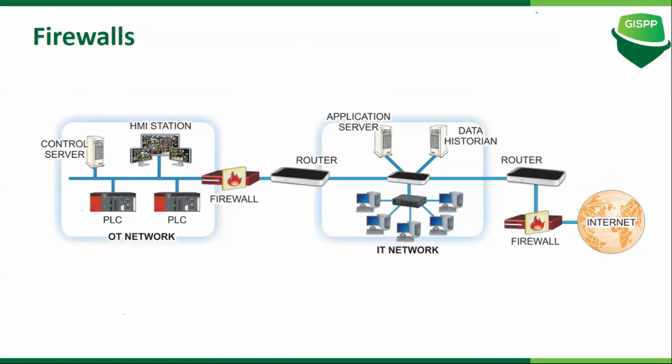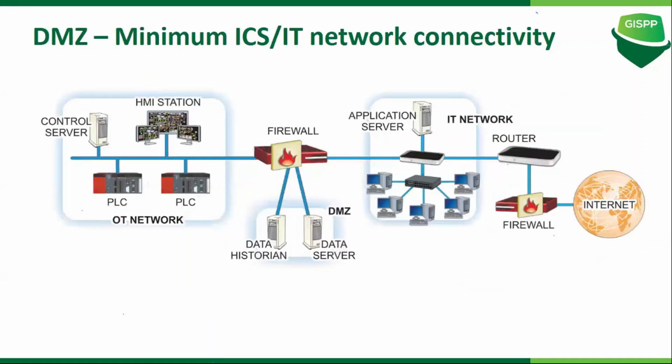But now we have taken it out, because from the ICS attack point of view, the data historian is a focal point for attacks. We don't want anything vulnerable placed inside an IT network either, because the IT network has more risks. So we have taken out the data historian machine and put it into a DMZ.